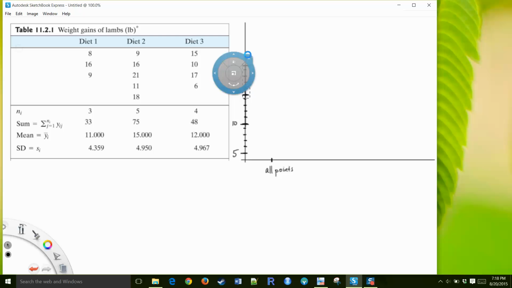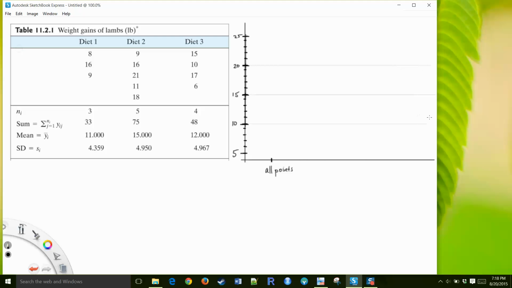I'm just going to throw all of these dots here. Here is the lamb that gained 8 pounds. Here's the lamb that gained 16. This one gained 9, and another lamb gained 9 pounds. Another one gained 16 pounds, and here's one that gained 21.